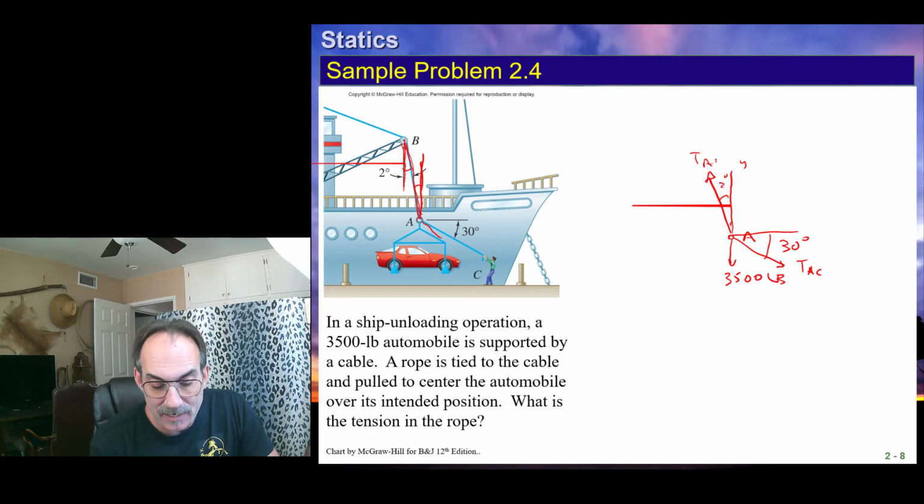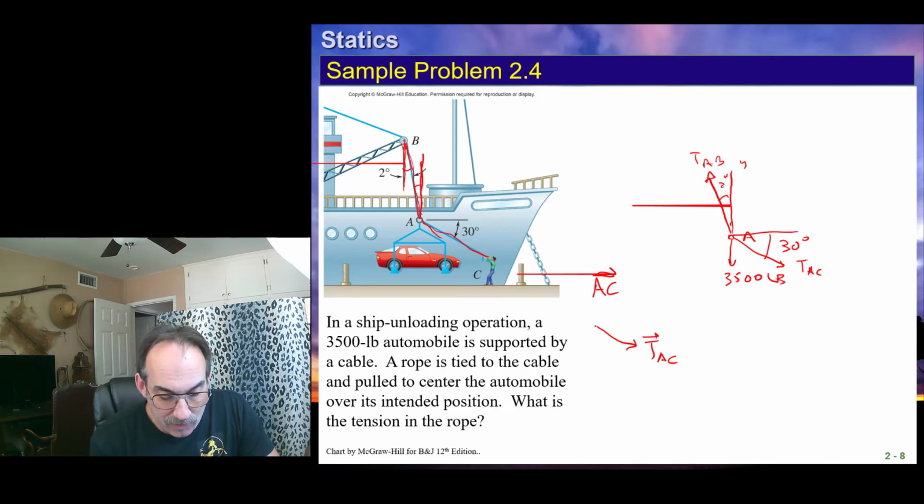That's TAB. You'll notice it's very common and convenient to define tension in a cable by its endpoints. So we've got AC. This is a line segment AC. It's actually a vector. You could call it a segment or a vector. But when it's a force, it's going to be a vector, and we can call it TAC, so we could draw a little arrow above it if we want.